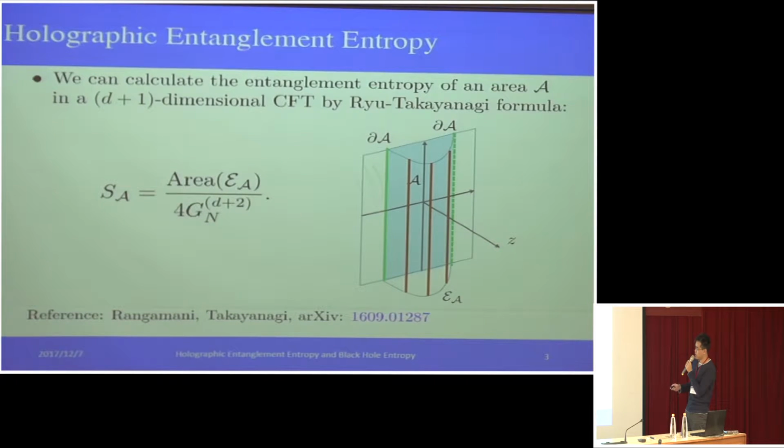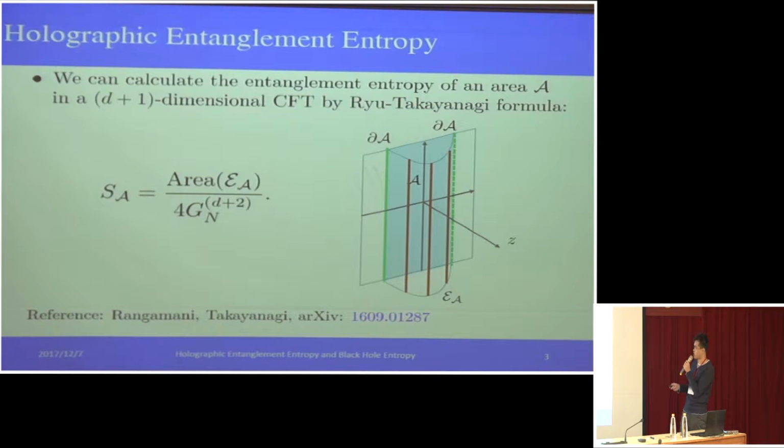So the entanglement entropy here is proportional to this area. And this G_N d+2 means the Newton constant in the d+2 ADS spacetime.